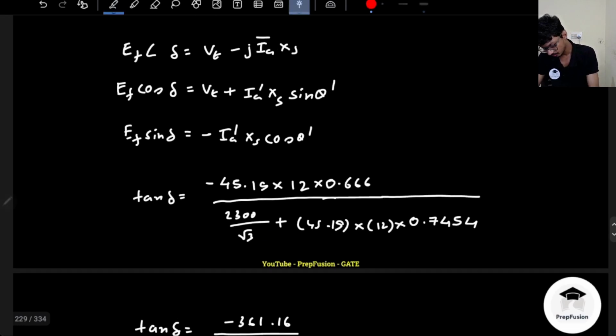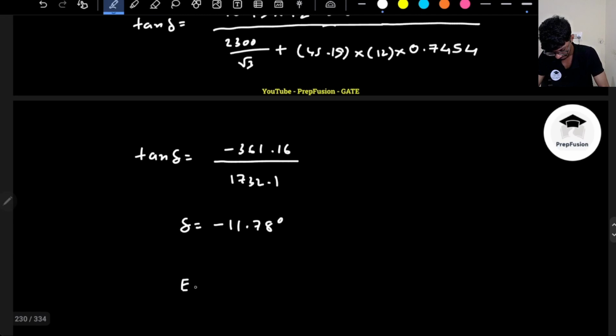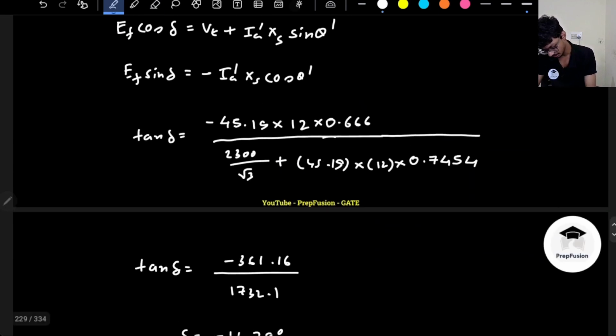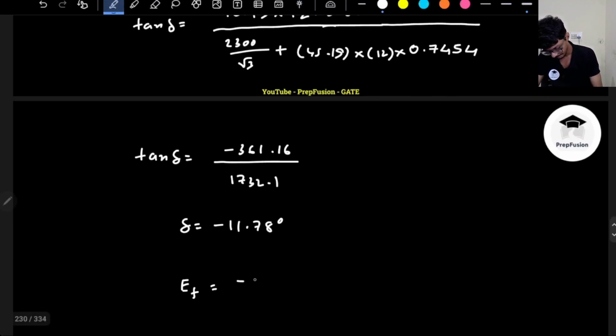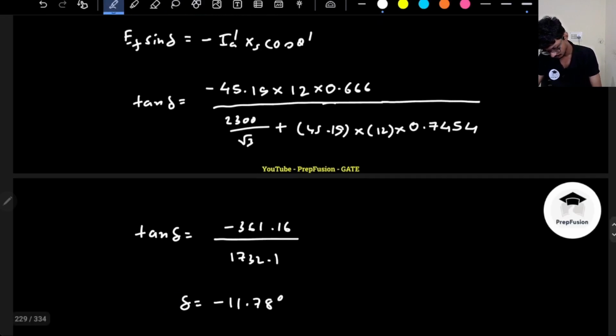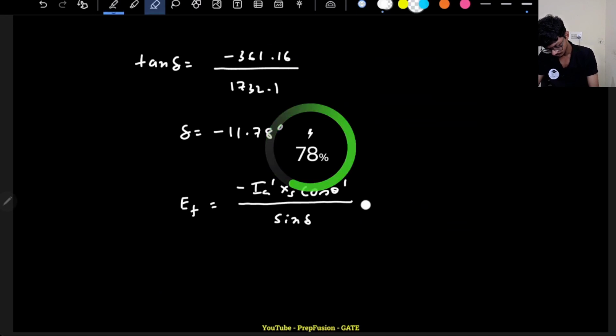What is EF now? So EF, I can replace in this equation. So EF will be equal to minus IA XS, IA, this numerator only, okay, minus Ia dash into XS into cos theta dash divided by sine delta.